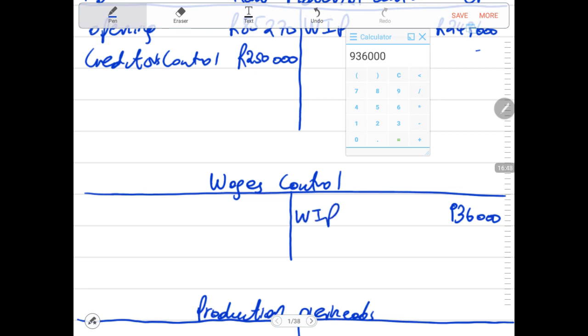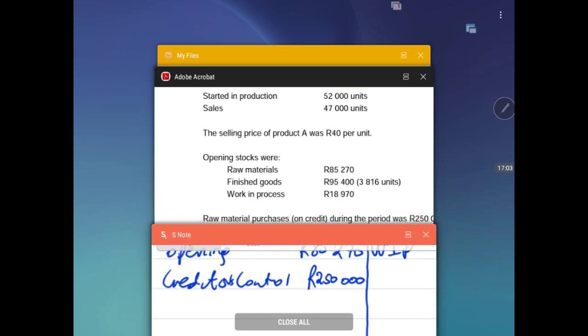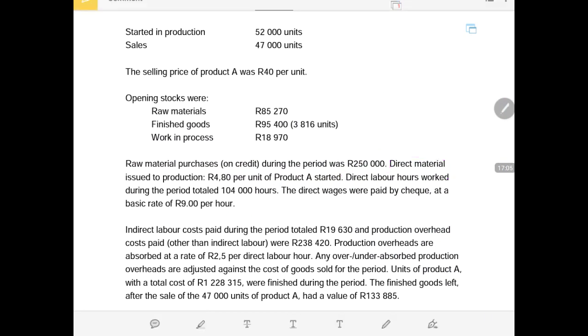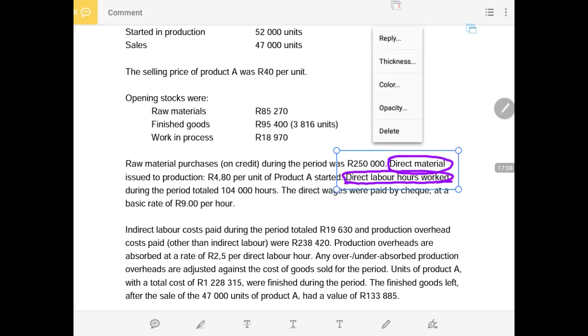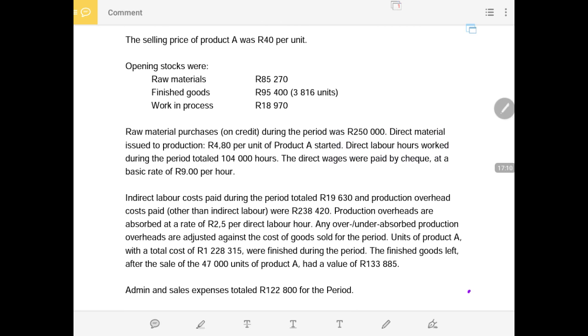Always the direct costs are recorded on the debit side of the work in progress account. So now we continue in that same note. For every debit entry, remember that there should be a credit entry. So we are done with the direct cost.